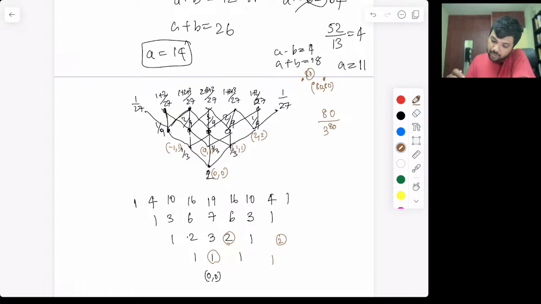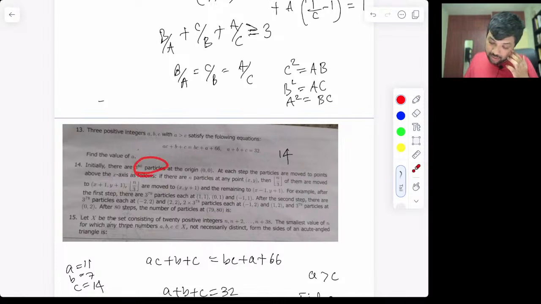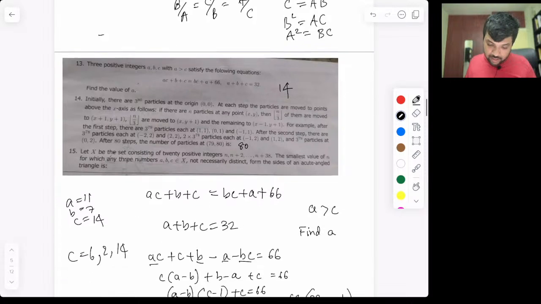So you should have 80 by 3 power 80. So therefore after 80 steps there will be 80 by 3 power 80 fraction of the original 3 power 80 particles. So the answer will be 80, I think. I hope I have not made a silly mistake or something. So the answer is 80, I think.